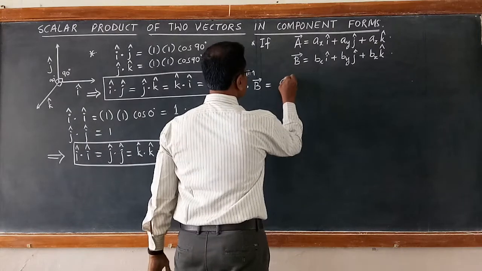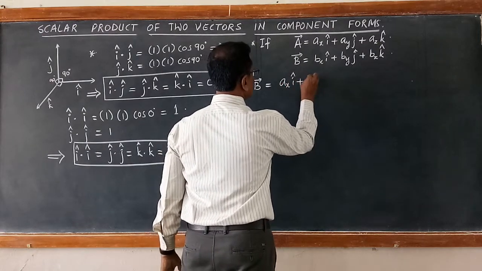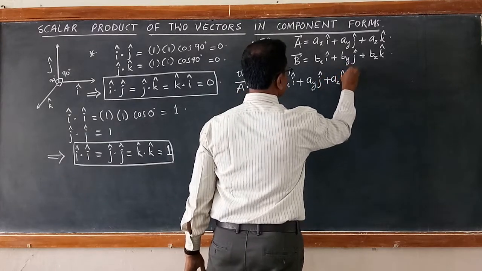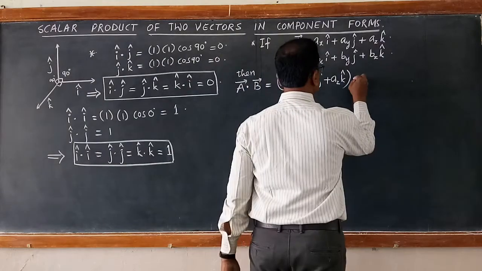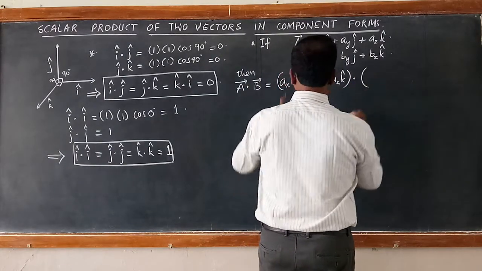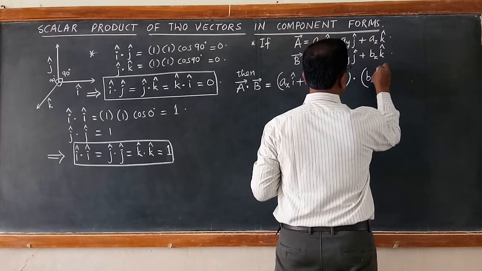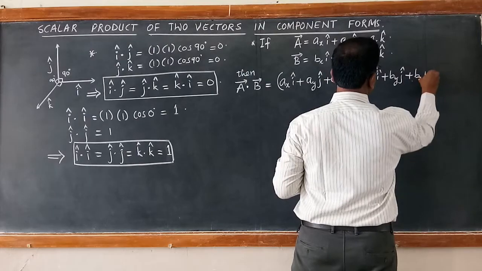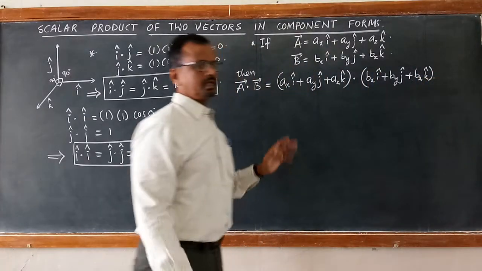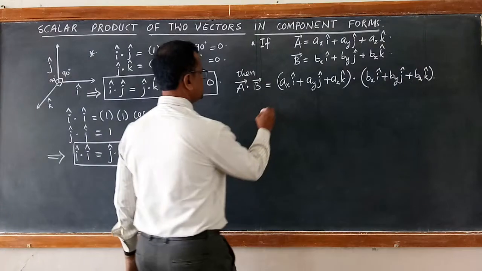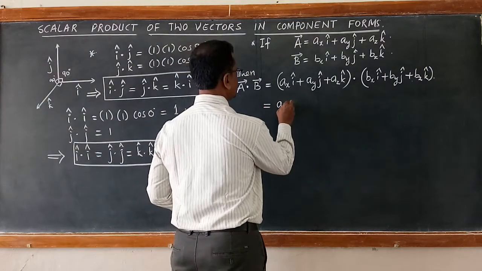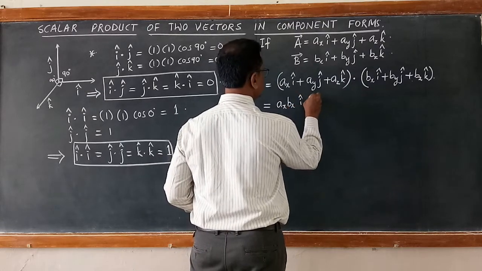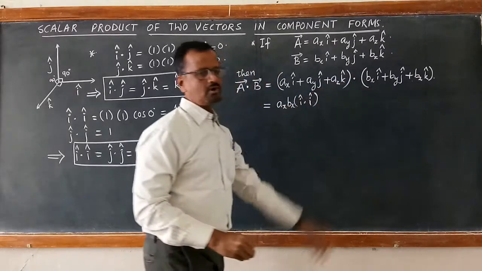What is A? AX i plus AY j plus AZ k. Put the bracket. Dot B, BX i plus BY j plus BZ k. Now find out the product. So this can be written as AX BX i dot i, because the operation is dot.